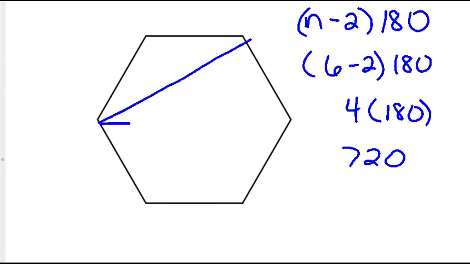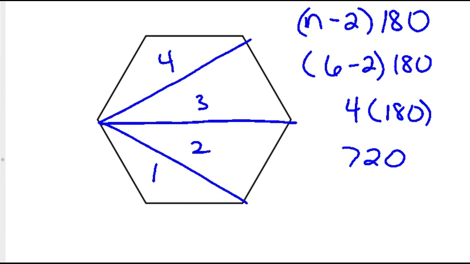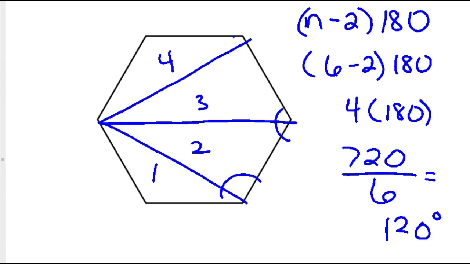At least have the visualization that if you divide this up, there's 4 triangles that would all add up to 180, so 720 is where you come up with that. Then divide that by the number of angles we have, divided by 6, gives us the total degrees in each one, which is, sorry, I have to write down here because I'm out of room, 120 degrees. So every single angle in this thing is 120 degrees, all the way around, giving you 720 total.